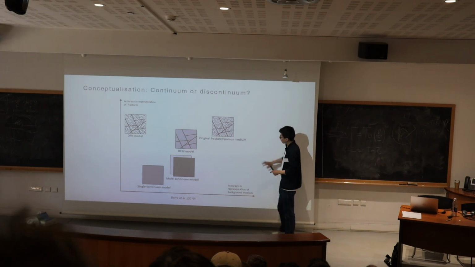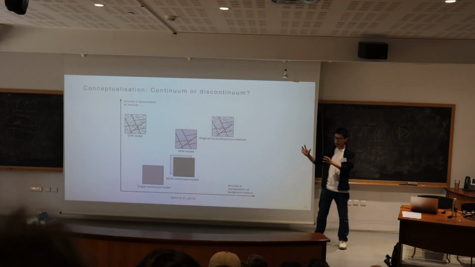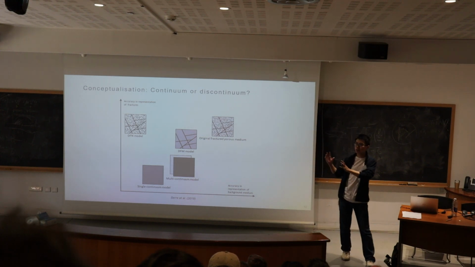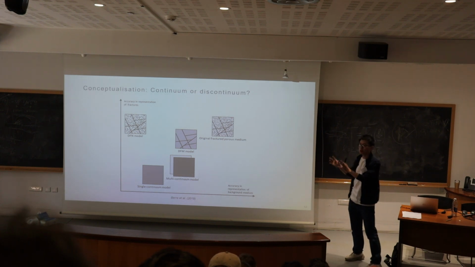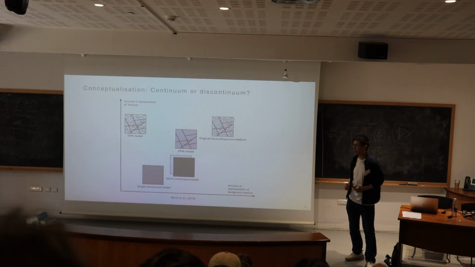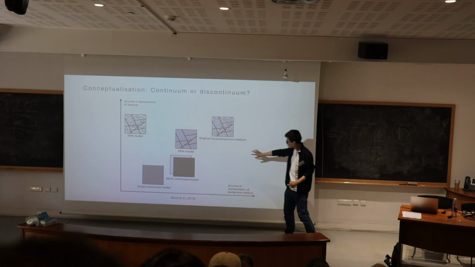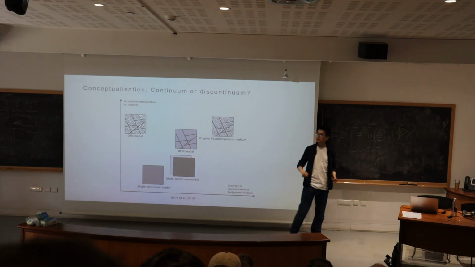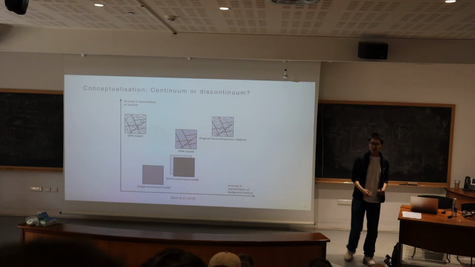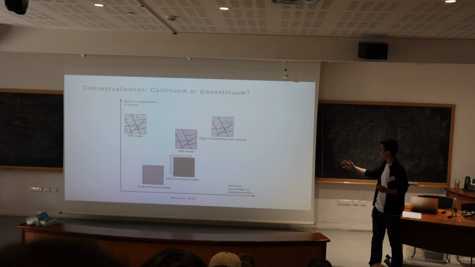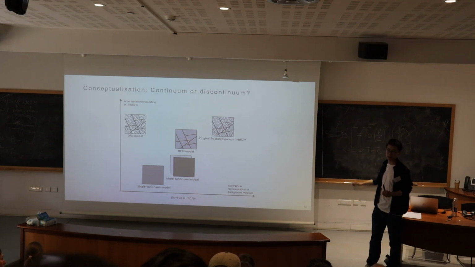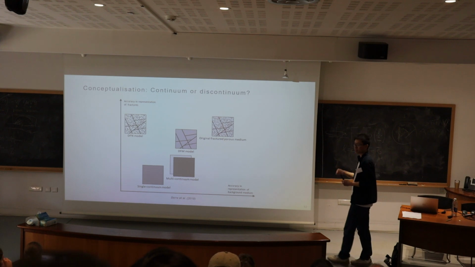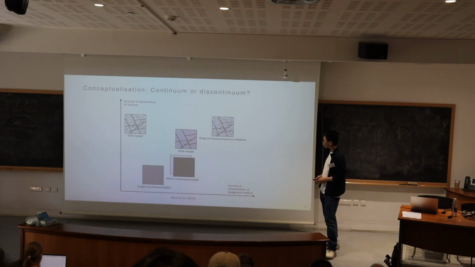So people say that the discontinuum model is closer to reality. So if you use this, you can represent the reality in a more accurate way. And the continuum model is maybe less accurate, but it's more efficient, because you don't need to represent all the discrete structures in the system, which has less computational requirement.